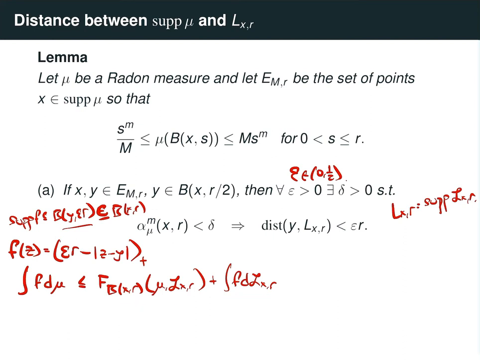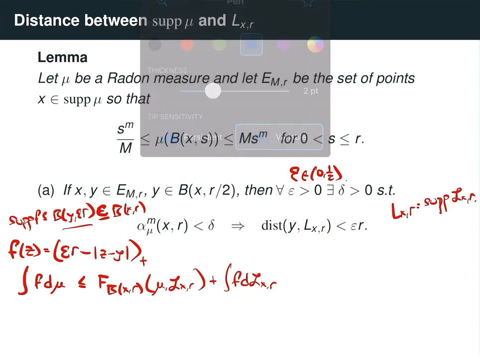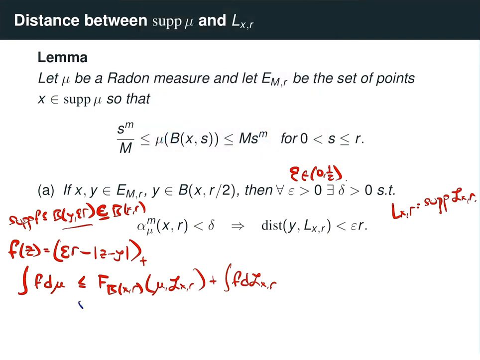Okay, now notice that if I had r to the minus m minus 1 times this F distance, let me write that a little bit more clearly.